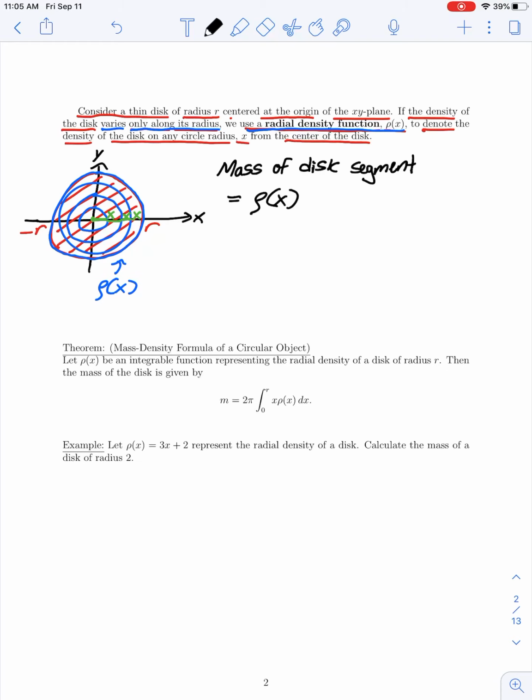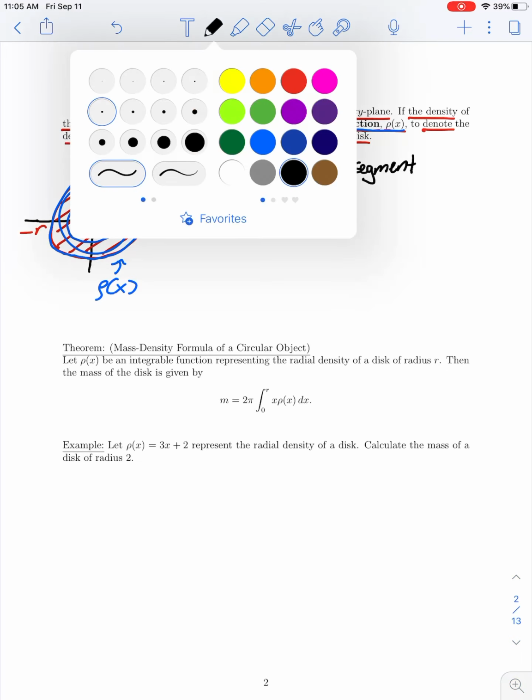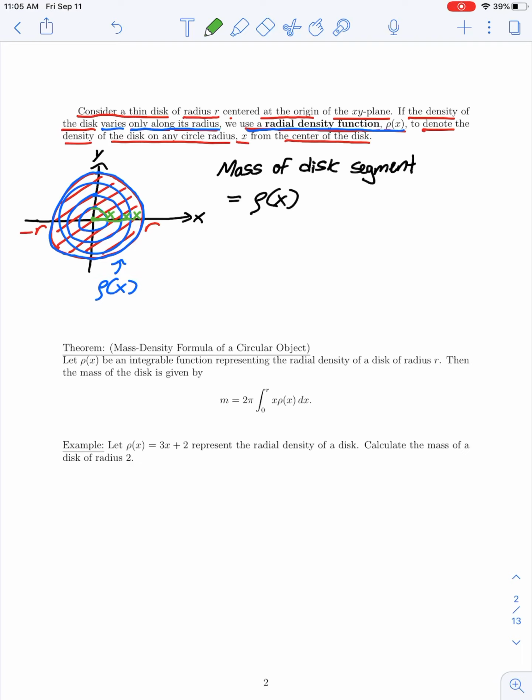And then we would multiply by the circumference of that circle. That is the total length or arc length along that section.